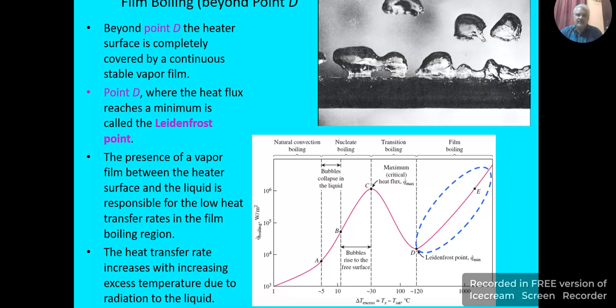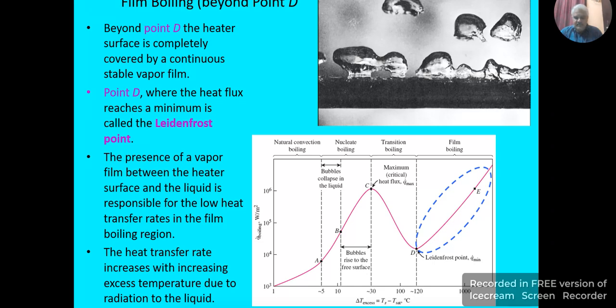If the delta T is increased further, the metal reaches its melting point, which is highly unsafe to operate. So for the boiling process to undergo safely, we should never increase the delta T beyond point C here.